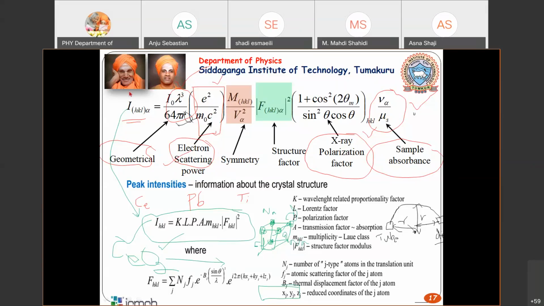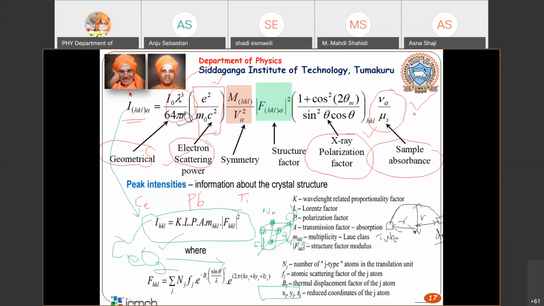This is the main reason why they perform low temperature diffraction, like X-ray diffraction or neutron diffraction. One of the main reasons for low temperature measurement is that you are minimizing the thermal displacement, so you have less thermal energy. These atoms would be in their own position.